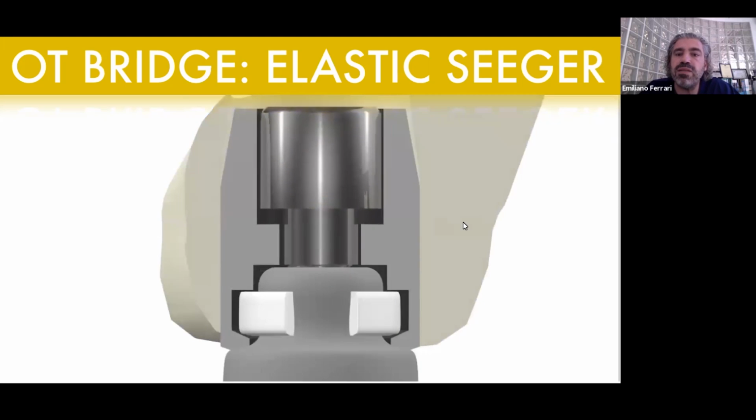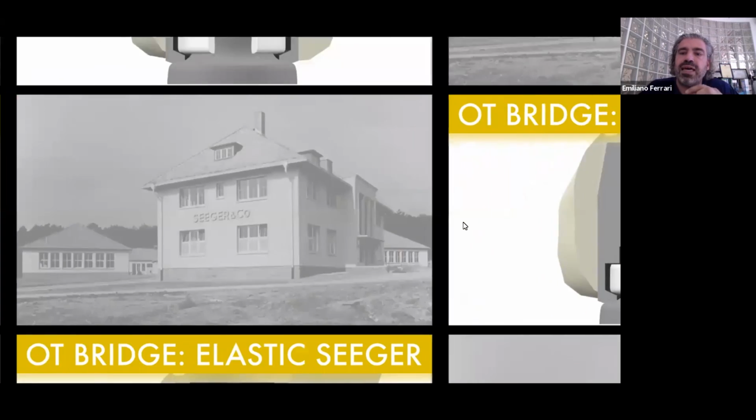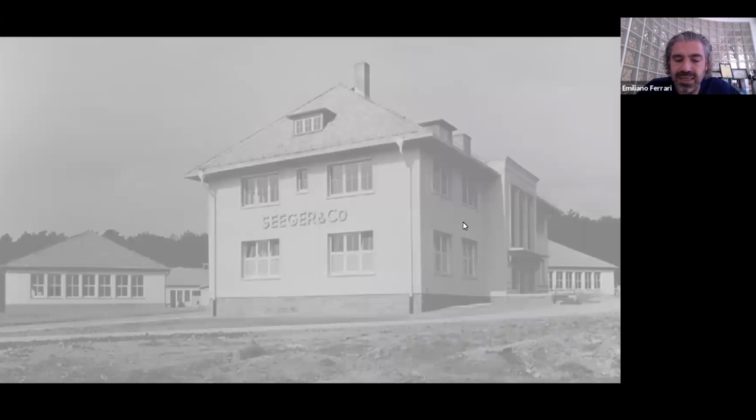We need this elastic seeger to compensate and fix the two abutments to each other, and we use it as a fixed ring to connect also without the use of a screw. Okay, but we will talk about that a little bit later. This seeger is something that doesn't come from the dental world.